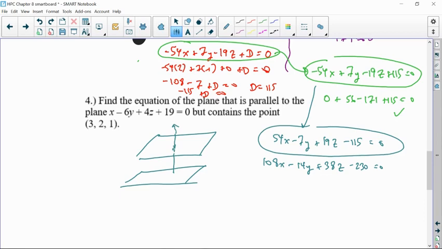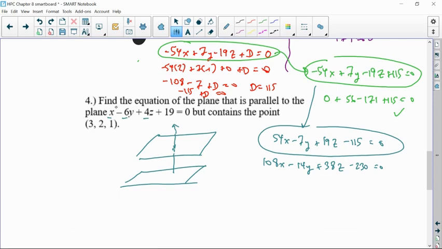So again, it's more of a vocabulary check: do you know this word? If you know that the coefficients of this plane are the normal vector and the two planes are parallel, it'll have the same coefficients.